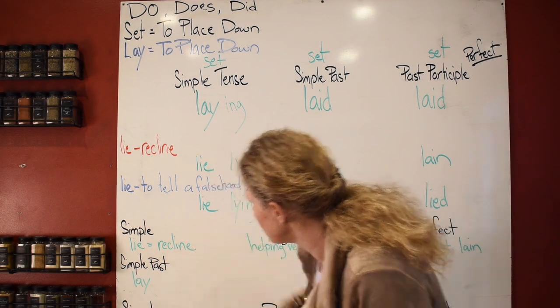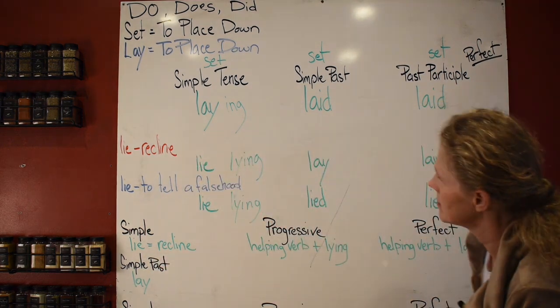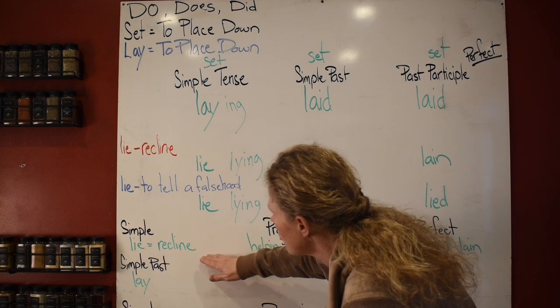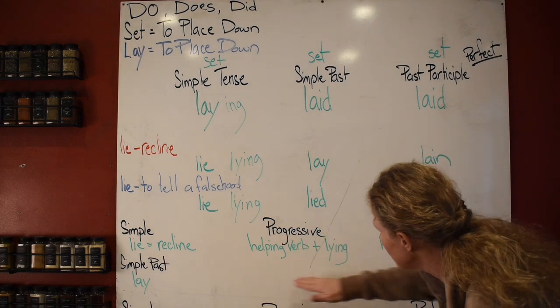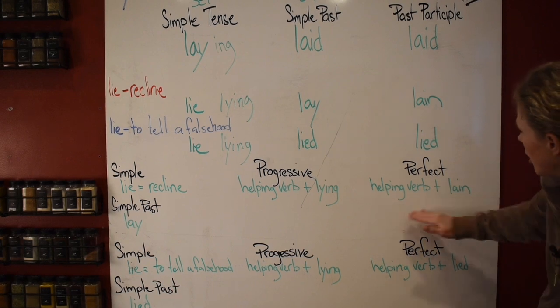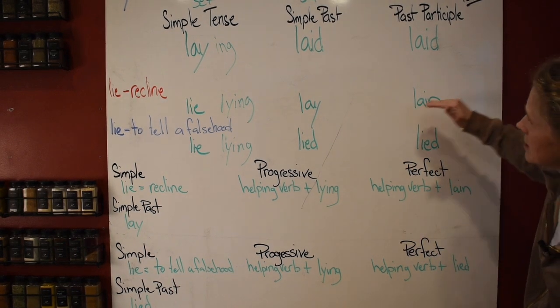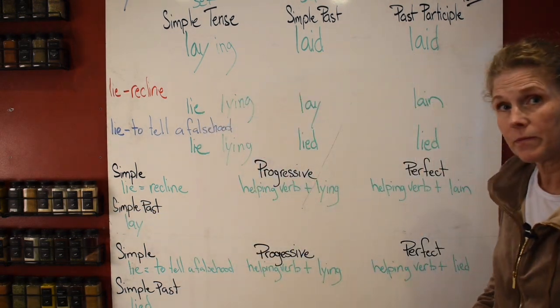Okay, so now look. This lie is the recline, and we are going to say the progressive tense is your helping verb plus lying. Your perfect tense is your helping verb plus lain. So we're going to do this. And then your simple past is lay.